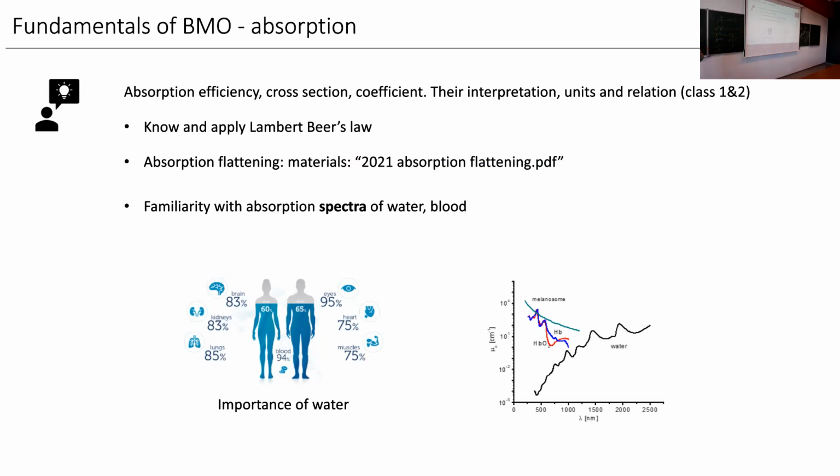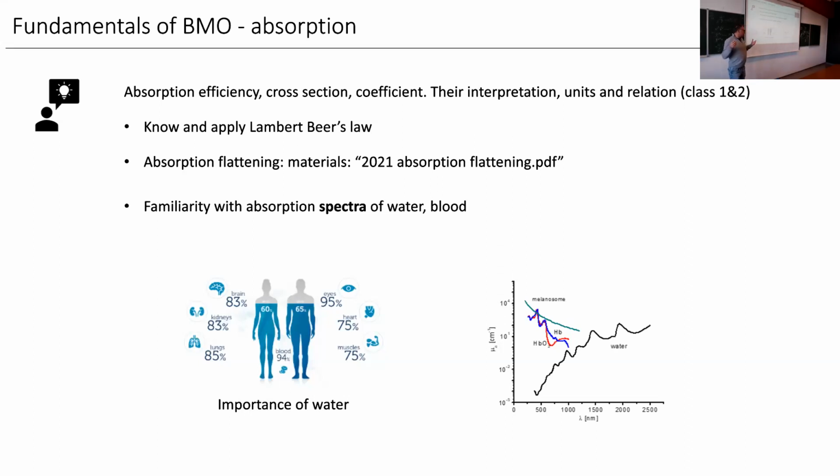Of course, along the way a couple of chromophores were discussed. Chromophores are light absorbing substances. The most important two, maybe three, are water, of course, because most of us is water, hemoglobin and oxygenated hemoglobin.